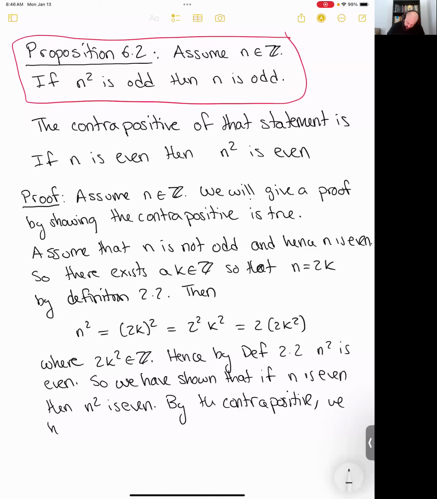We have shown that if n squared is odd, then n is odd. Okay, good. So we're done. And in these last couple sentences, I'm really being very explicit and spelling all this out for your benefit because you're new to contrapositive, but eventually we wouldn't necessarily even write this last part.